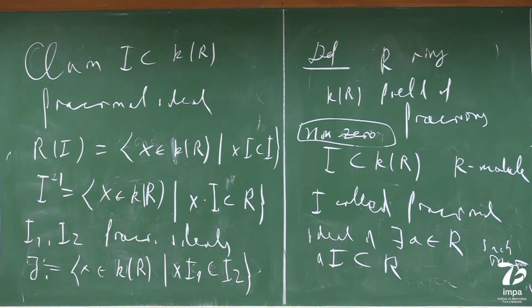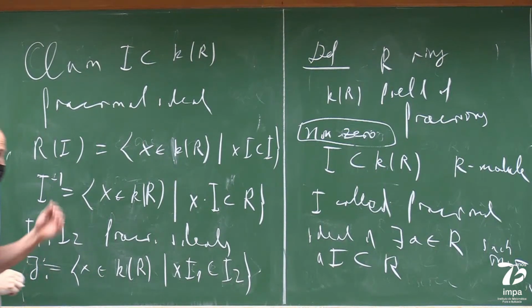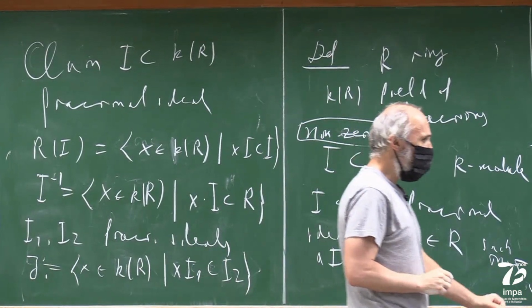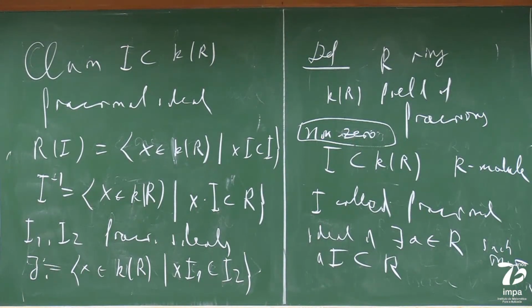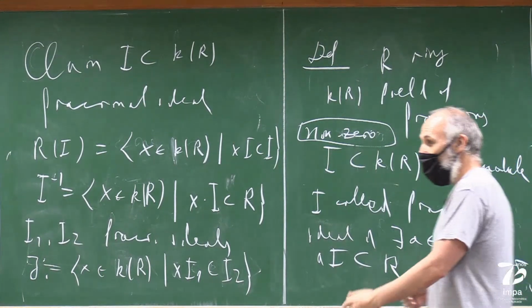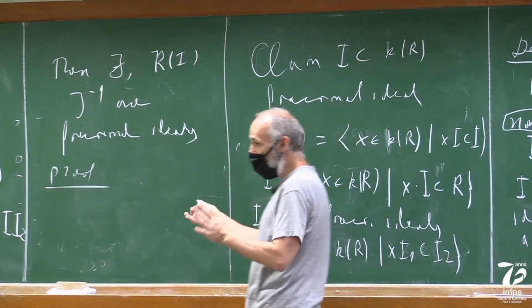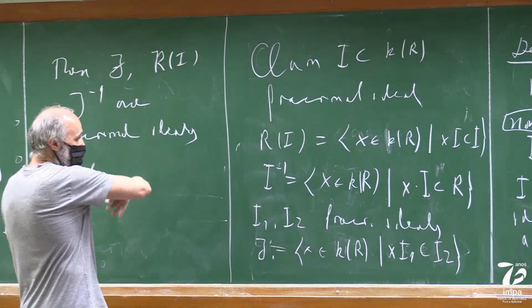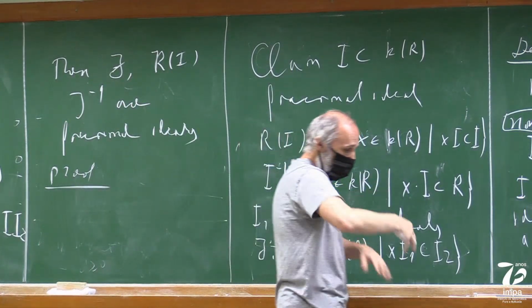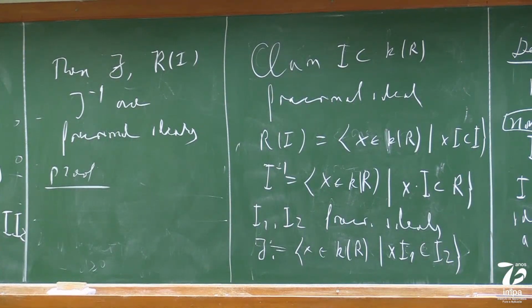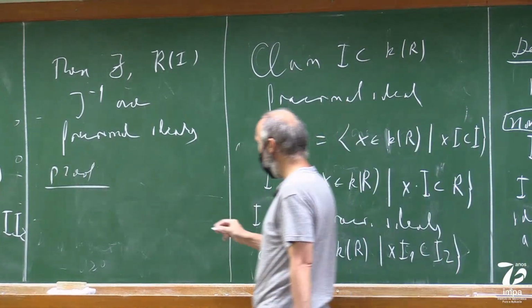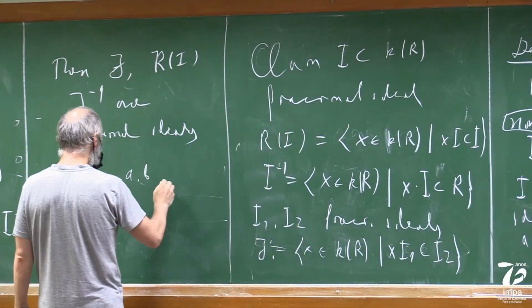Okay, so proof. First we have to prove that J is non-empty. And then we have to prove that it has this property of being mapped to R after multiplication by some element in R. Okay, so what we have is that there exist A and B, so it's step one.